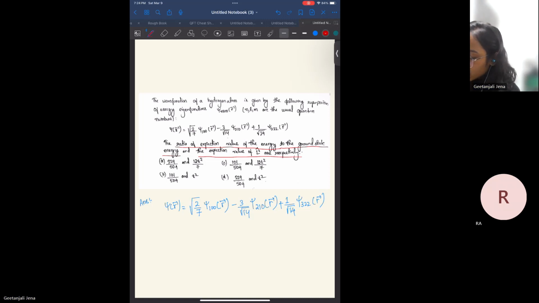First we have to see whether psi of r is normalized or not.